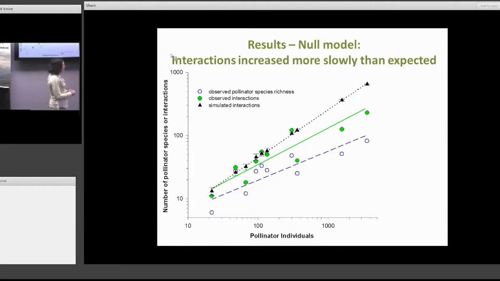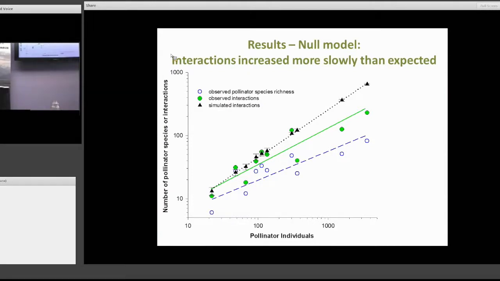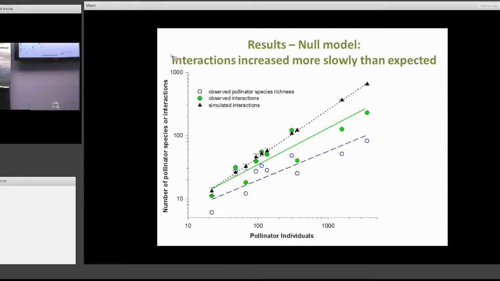And what we found was that interactions occurred more quickly than species richness did with increasing habitat area, in this case measured by the number of individuals.